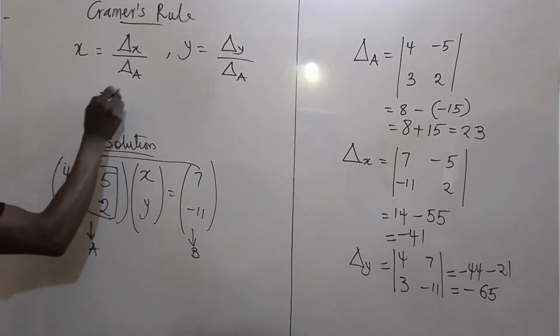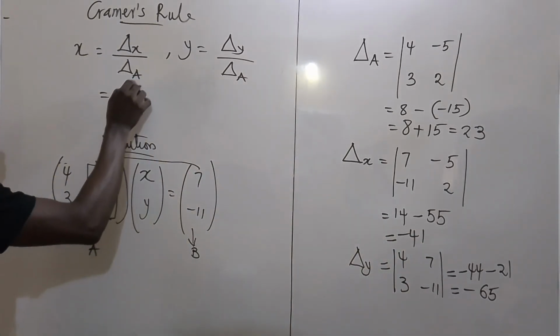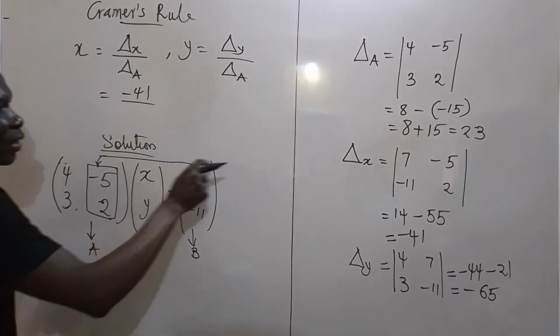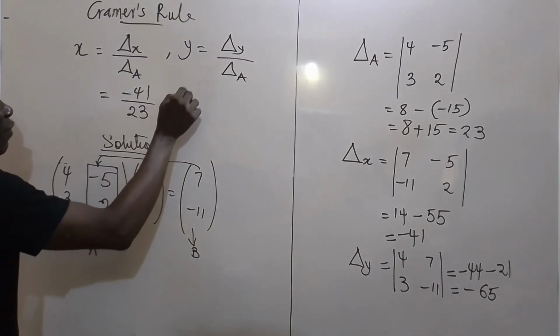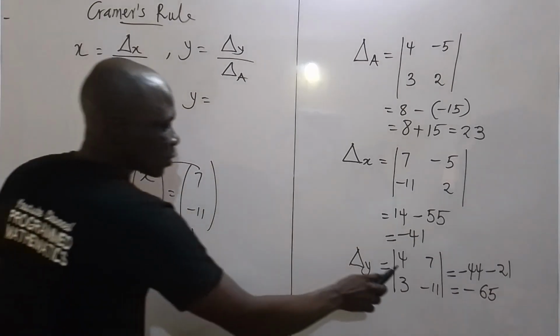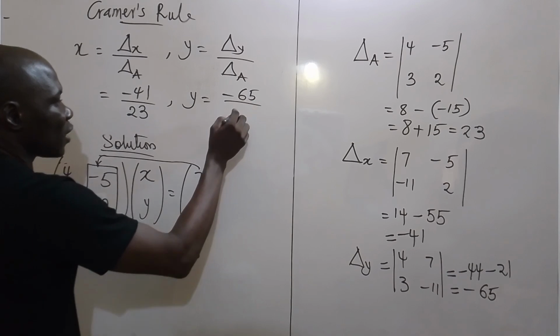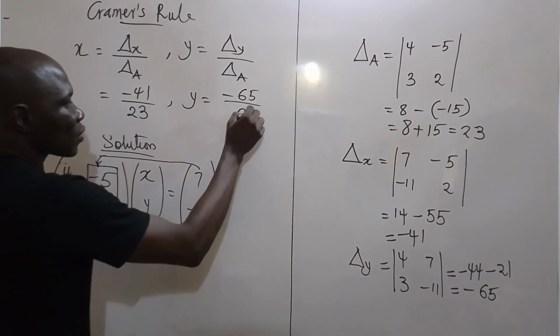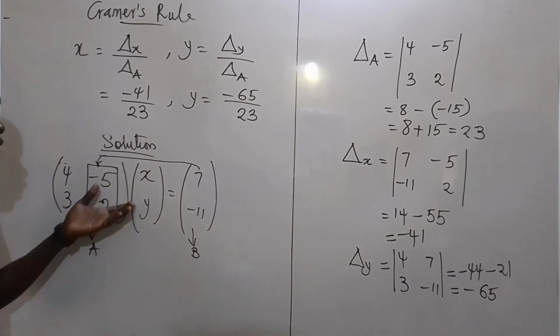So for delta x, we have minus 41 over delta A, which is 23. And for y, we have delta y, minus 65, divided by delta A, which is 23. And that gives us the solution to the simultaneous equation.